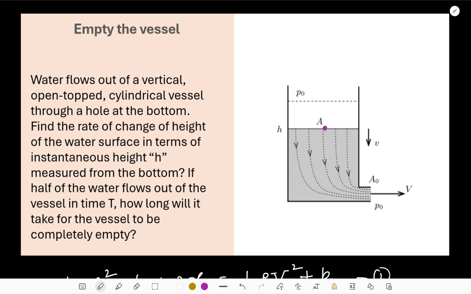first I will take the total height of this cylinder, of this vessel, as capital H. That the initial height of the liquid surface relative to the bottom of the vessel is capital H. And you can see this height is right now H minus h. And I'm going to consider a quite weird thing, and this is the trick.